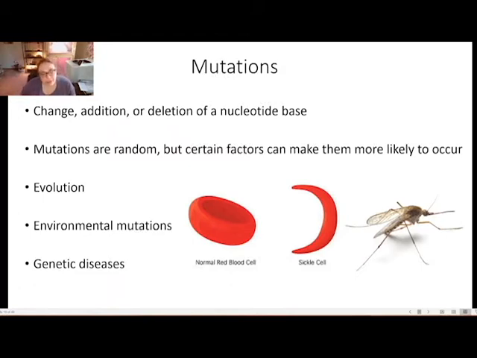But not all mutations lead to evolution. Only hereditary mutations, which occur in egg or sperm cells and can be passed on to future generations, are the only ones that potentially contribute to evolution. So traits that are given from your mother and father.